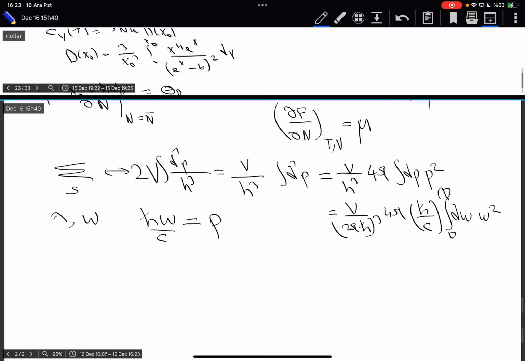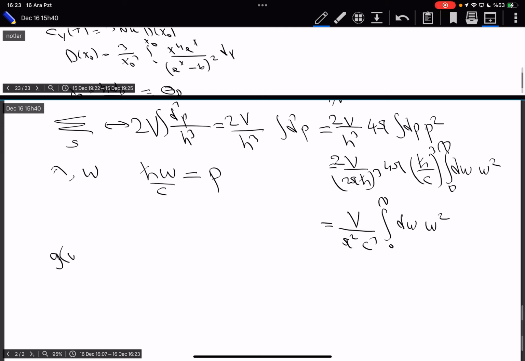So if you make the simplifications, this is V over pi squared C cubed, integral from 0 to infinity of d omega omega squared. So g of omega, the density of states per frequency, is V over pi squared C cubed times omega squared.